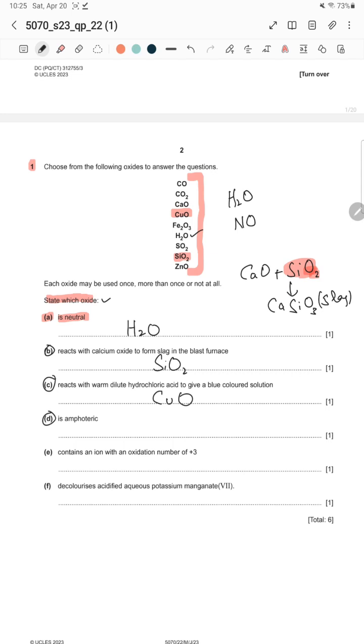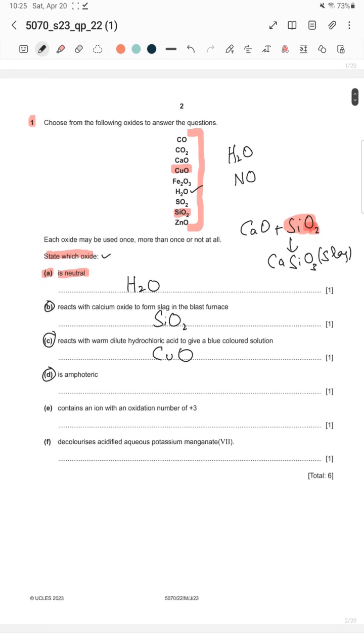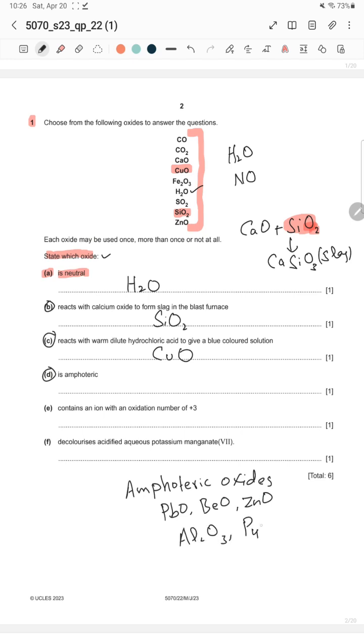Part D is: which oxide is amphoteric. So amphoteric oxides, dear students, act as a base when they react with acids, and act as an acid when you react them with a base. So amphoteric oxides in our syllabus are lead oxide, beryllium oxide, zinc oxide, aluminium oxide, and phosphorus oxide.